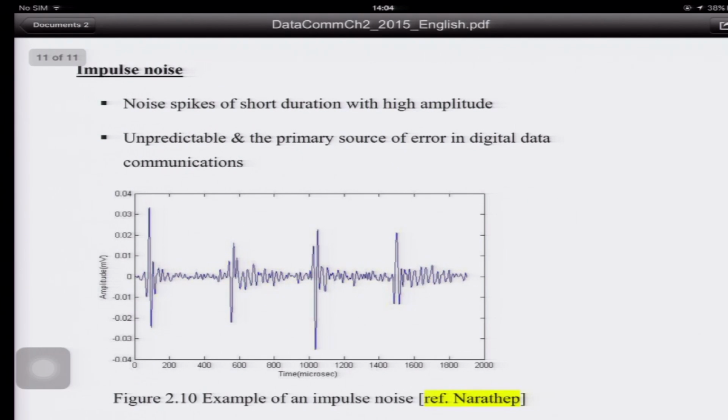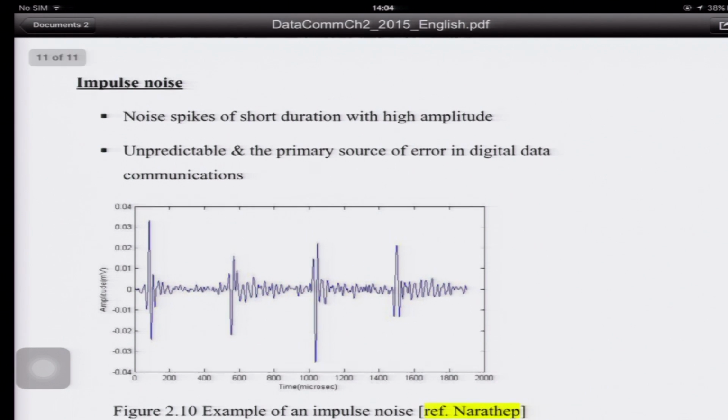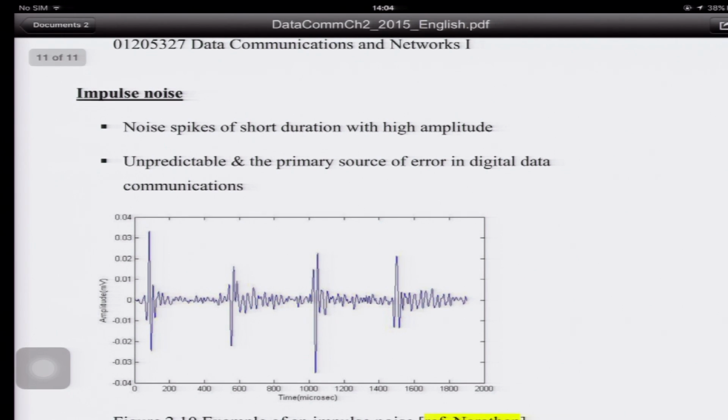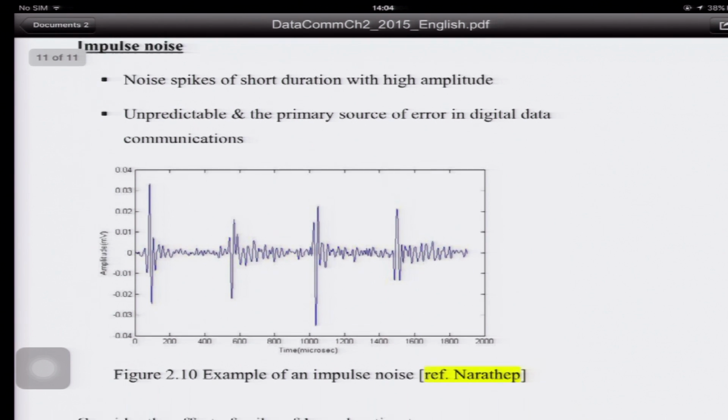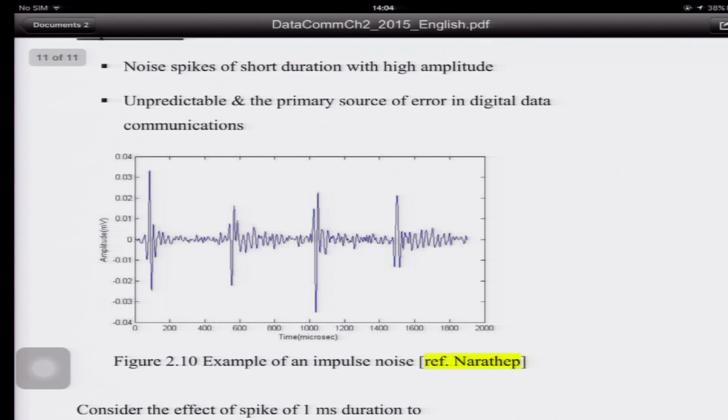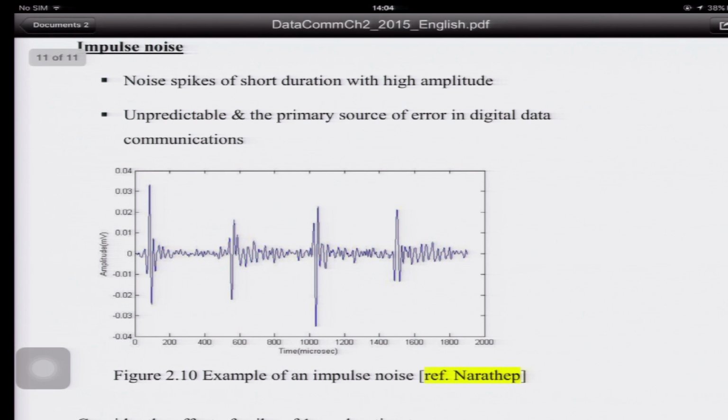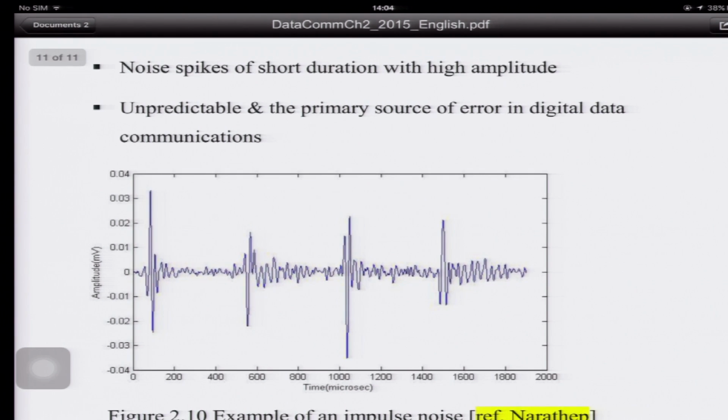Now let's look at impulse noise. This figure is from my graduate student because he generated this, but I'm not sure where it's published, so how to reference him. Anyway, impulse noise is a noise spike of short duration with high amplitude.